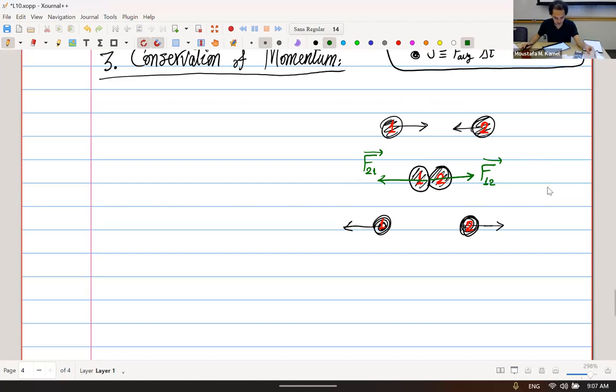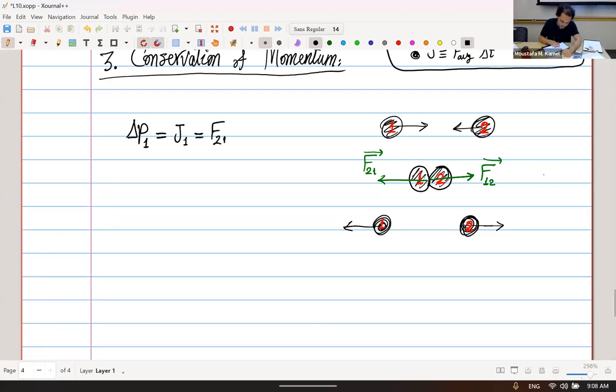So if we want to calculate the change in momentum for object 1, we know this is equal to the impulse on object 1, which in turn is the force acting on object 1.